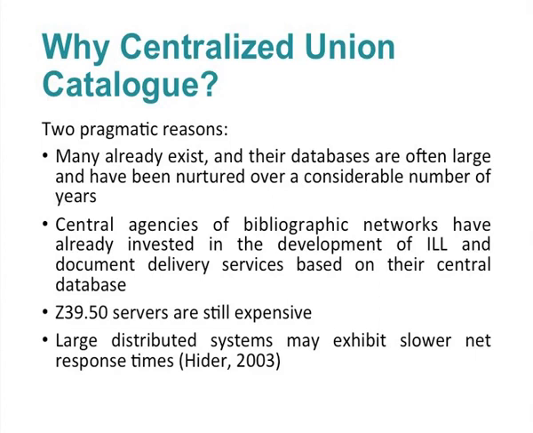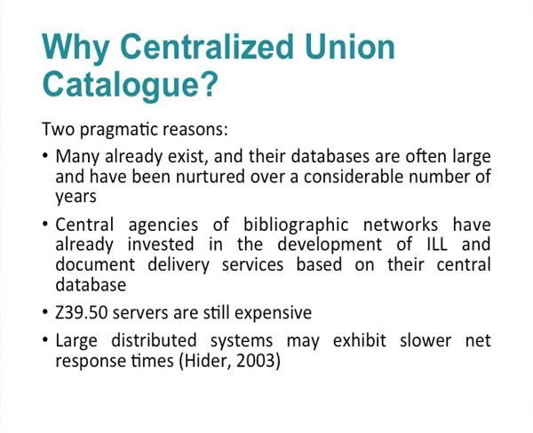And now you need to find out why a centralized union catalog. There are two pragmatic reasons: many already exist and their databases are often large and have been nurtured over a considerable number of years. Apart from that, central agencies of bibliographic networks have already invested in the development of ILL and document delivery services based on the centralized union catalog.